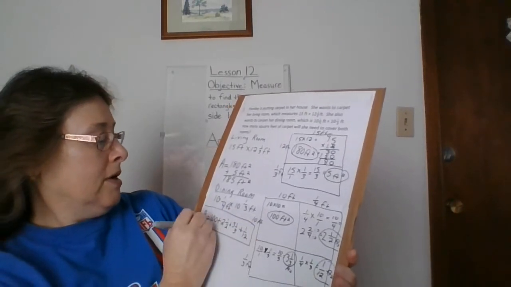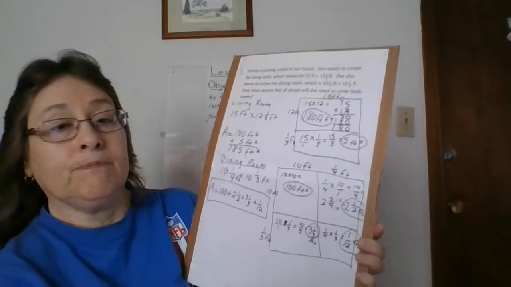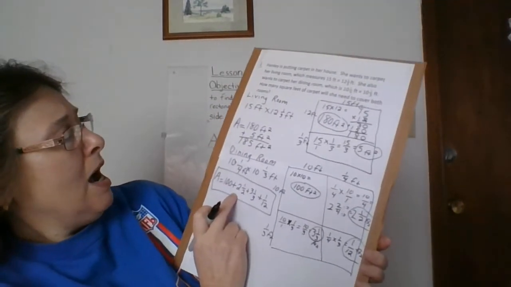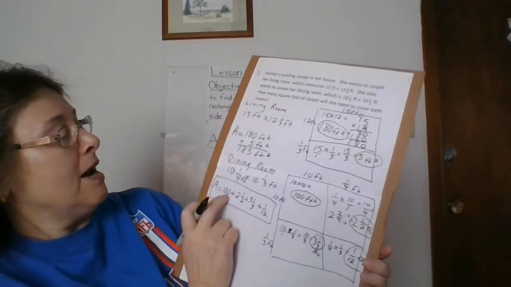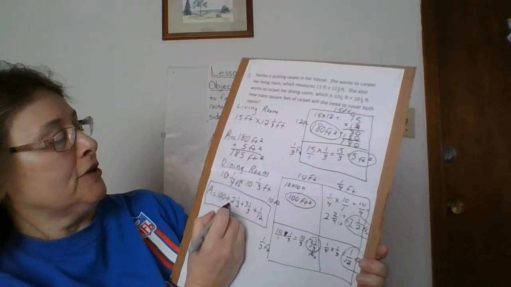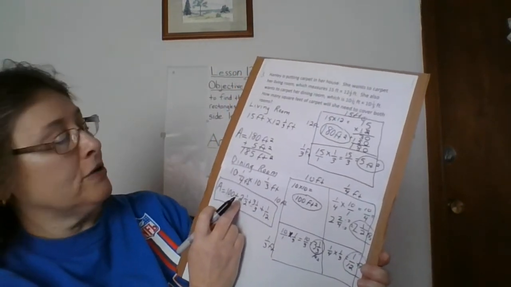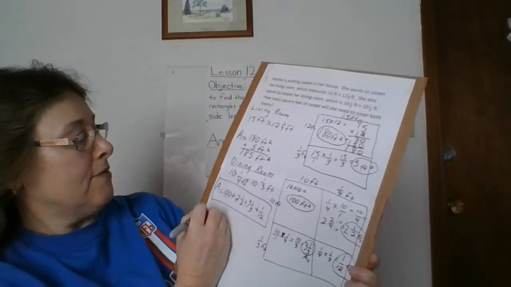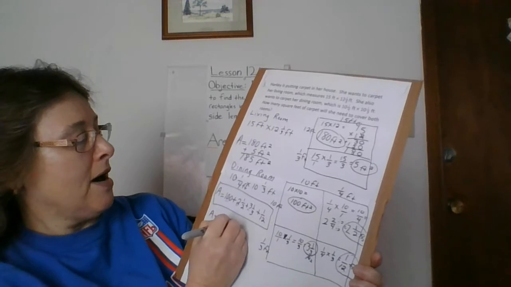So here is the area that I have to solve. Now, I can add the whole numbers first, which is what I'm going to do. I have 100 plus 2 plus 3. So 100 plus 2 is 102, plus 3 is 105. So far I have an area of 105.